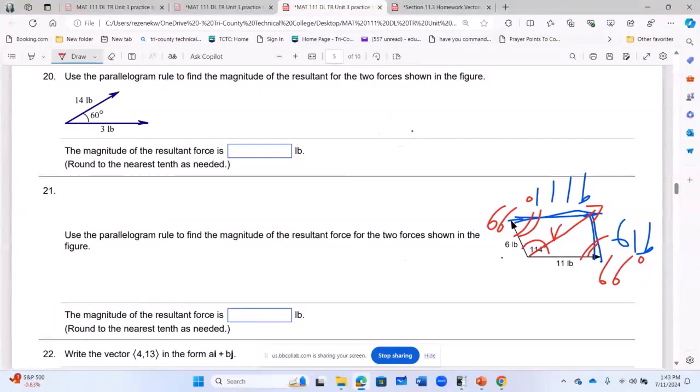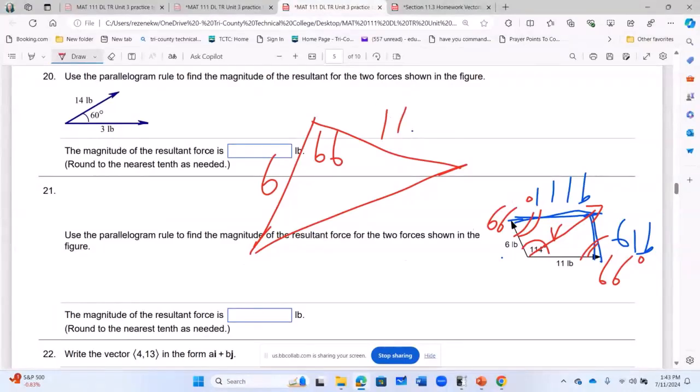Okay, now that I have drawn a diagonal, I can just bring one triangle out. And then this angle is 66 degrees. This is 6 here, and this is 11 here. And this is the resultant force.